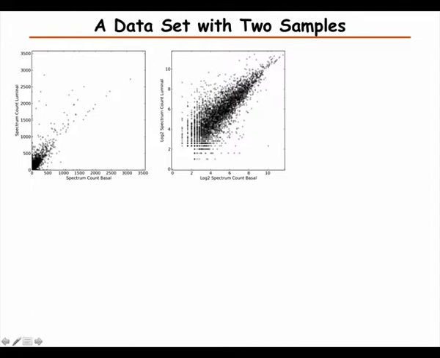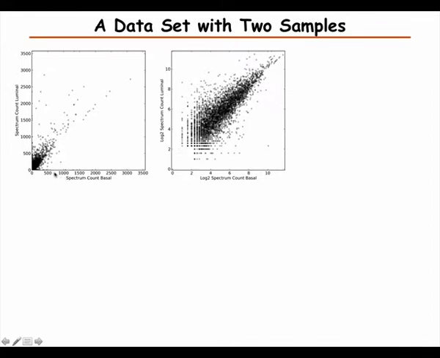Since this is spectral counting, we see the discrete nature of the process. And then we see that there's quite a good correlation, and there are outliers.